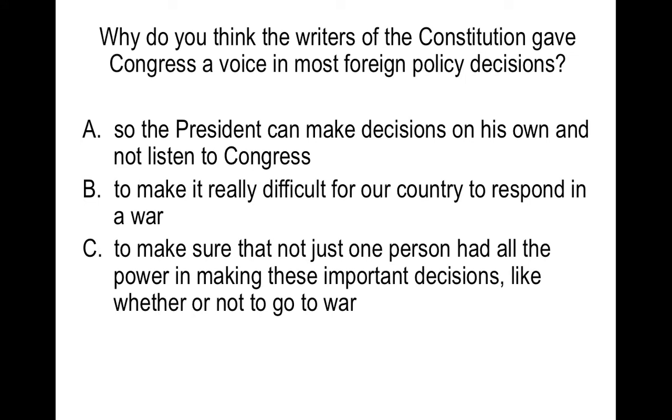Or is it C, to make sure that not just one person had all the power in making these important decisions, like whether or not to go to war? Take a few seconds and circle the correct answer that you think is why the writers of the Constitution gave Congress some foreign policy power.